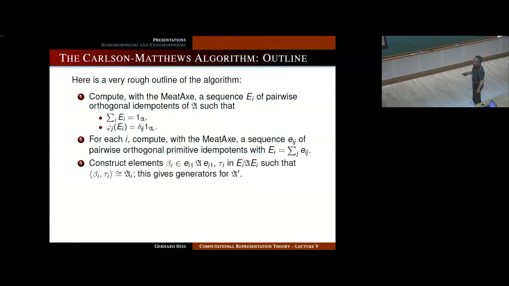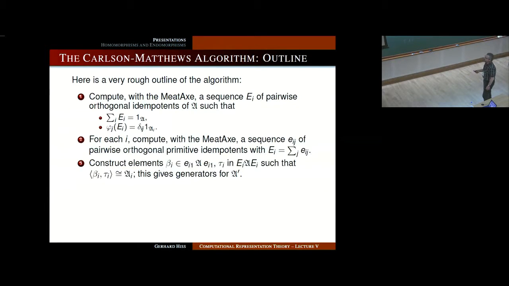So this e_i is itself a sum of orthogonal idempotents. You find these, and then you have these matrix algebras, these small algebras, which you construct. You construct generators in this algebra such that the algebra generated by these elements is isomorphic to A_i.